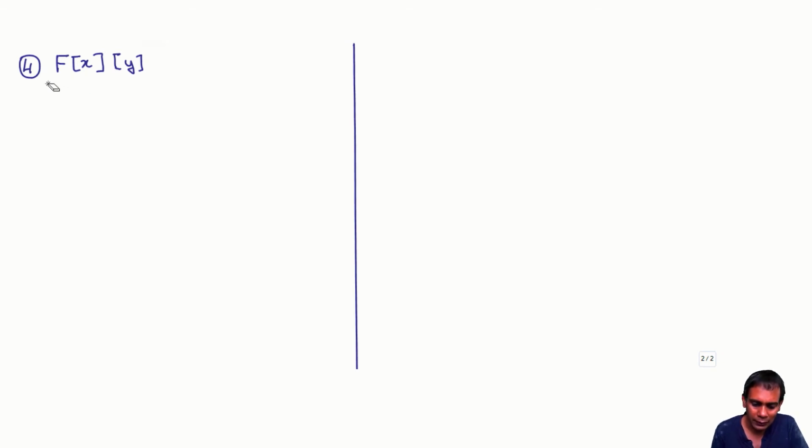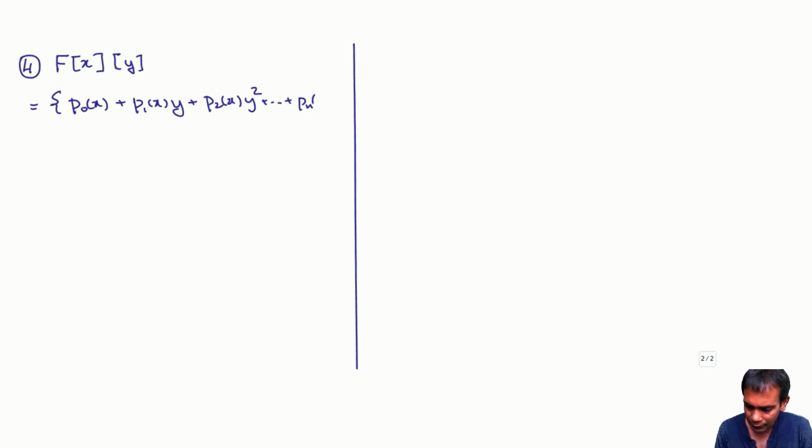So an element here looks like p0(x) plus p1(x) times y plus p2(x) times y squared and so on, plus pn(x) times y to the n, where p0(x) up to pn(x) belong to F of x.